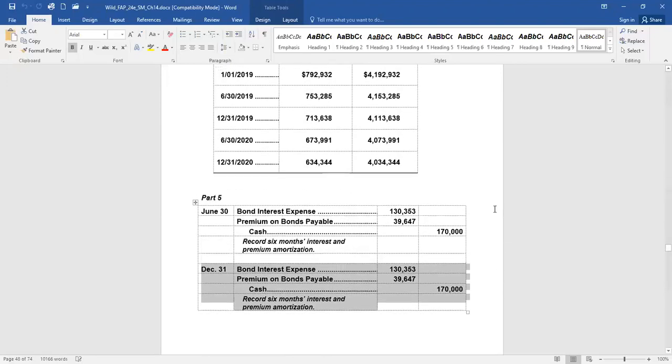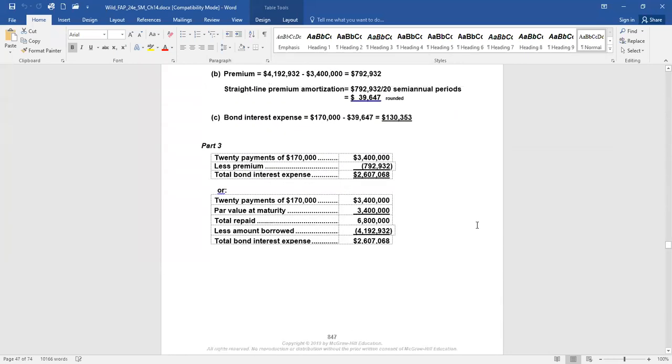Now, in part 3, they want to know, what's your total interest expense over the life of the bond? Well, the 20 payments of $170,000 each will equal $3.4 million. Remember, we're paying out more than what everybody else in the market is. Because of that, we said to our bondholder, you're going to pay a little bit extra, so that in the end, we're really only paying out the same interest as everybody else.